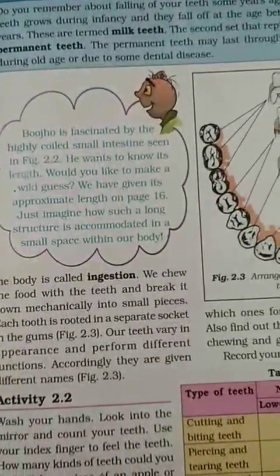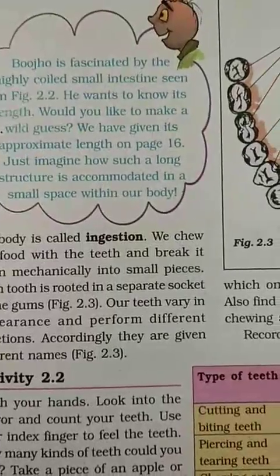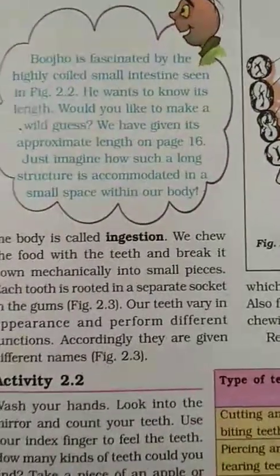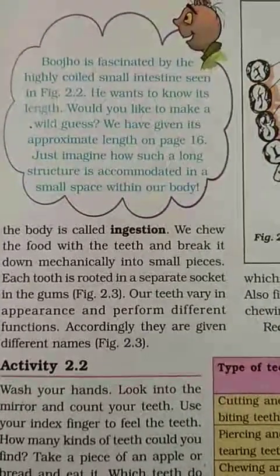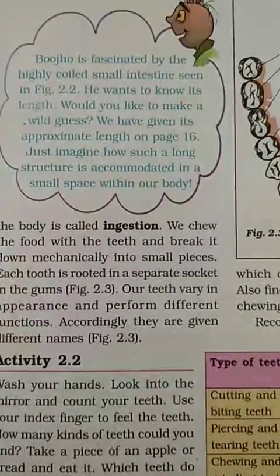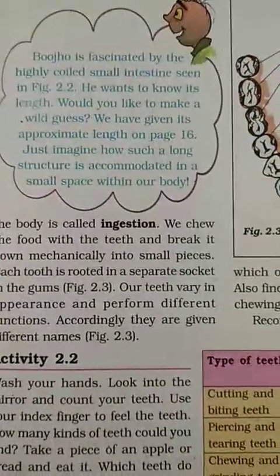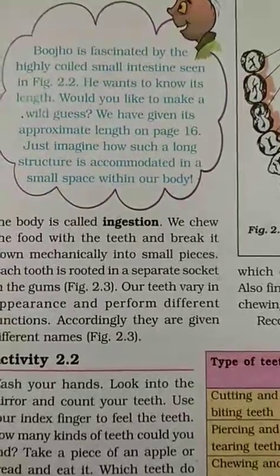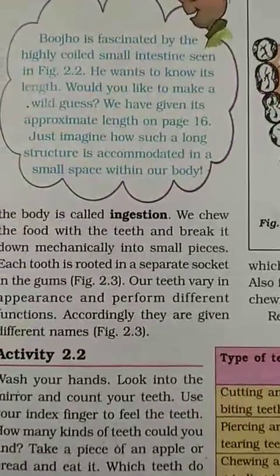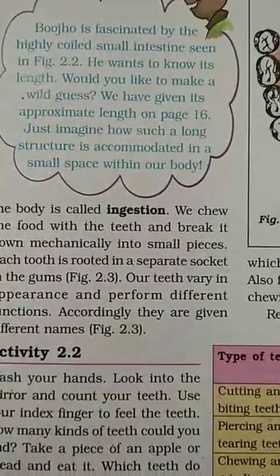We chew the food with the teeth and break it down mechanically into small pieces. Whatever we are taking into the mouth is bigger, but as we take it in, the teeth present there help to break down the particles into small pieces.